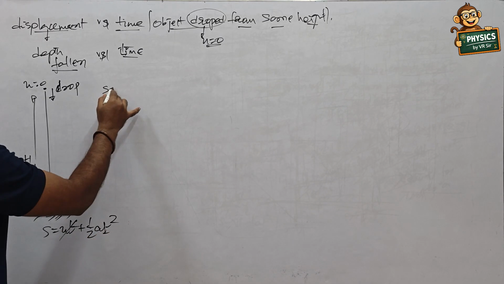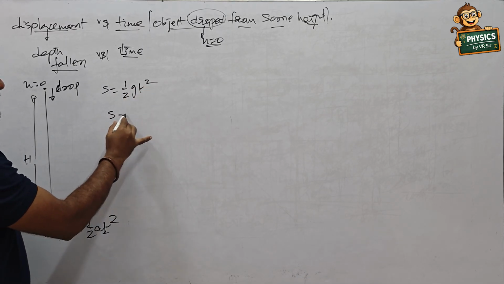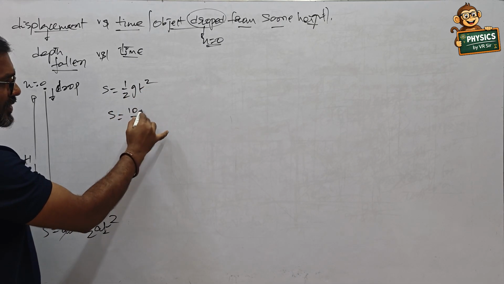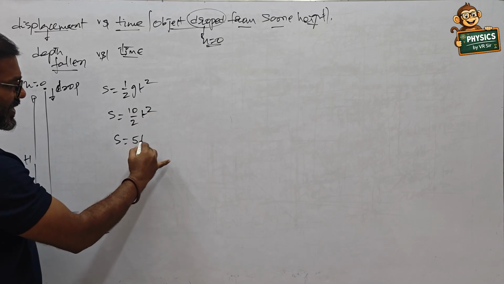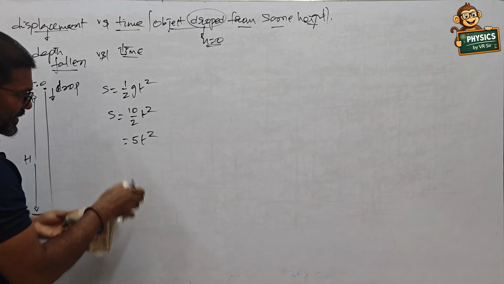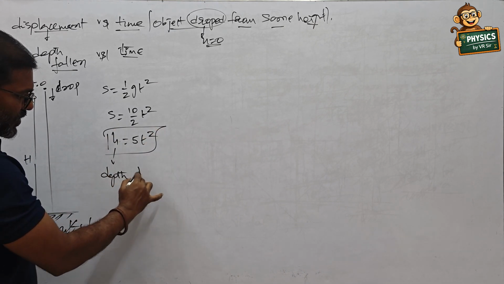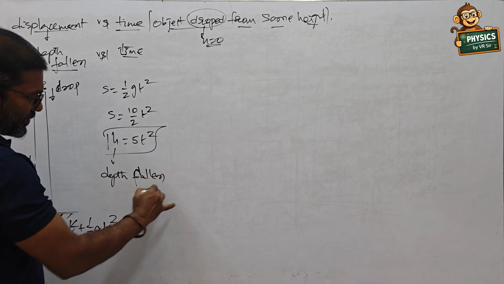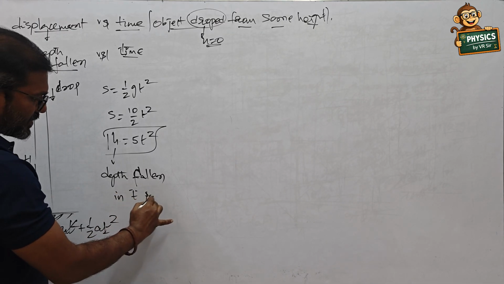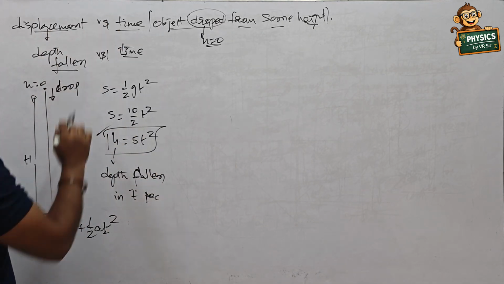Therefore S is equivalent to half gt square, and g is 10, so S is equivalent to 10 by 2 t square, S is equivalent to 5t square. As I told you already, this displacement is also called the depth fallen in t seconds. That is the formula, and that is what we want to analyze, displacement versus time.